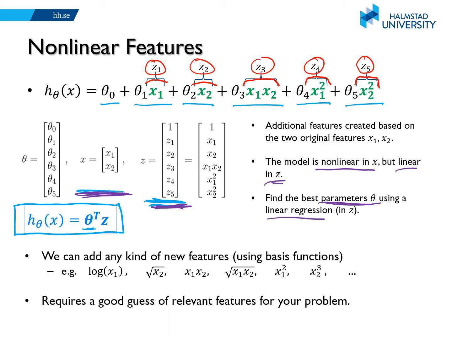For example, you can use gradient descent to optimize the mean squared error cost function. And you can actually add any kind of features based on your original features. You can combine the original features in many different ways using what sometimes is called basis functions. But this actually requires a good guess of what are relevant features for your problems.